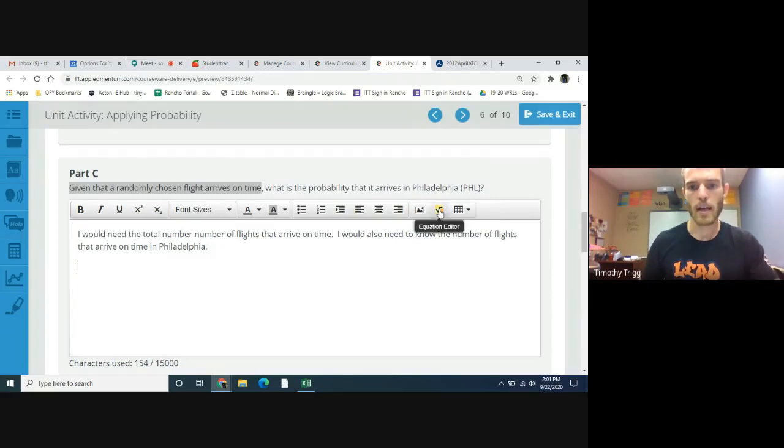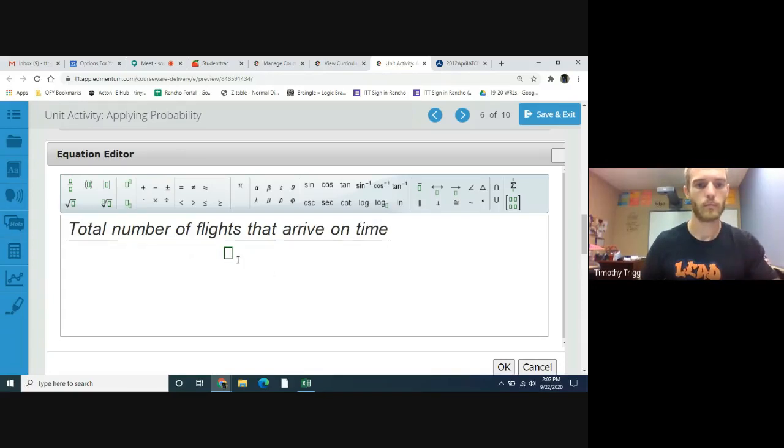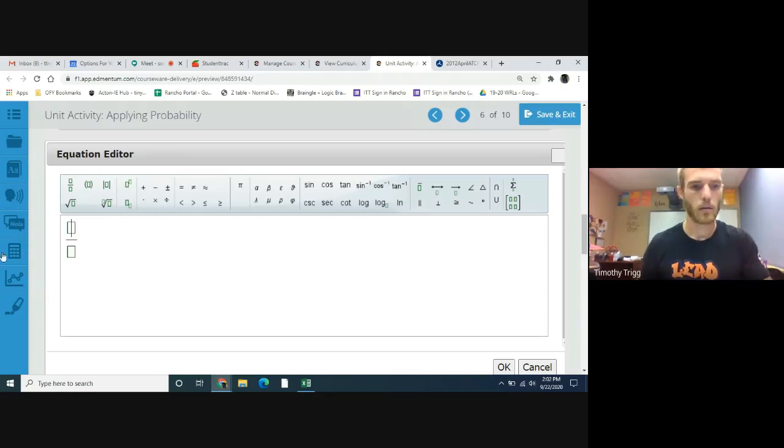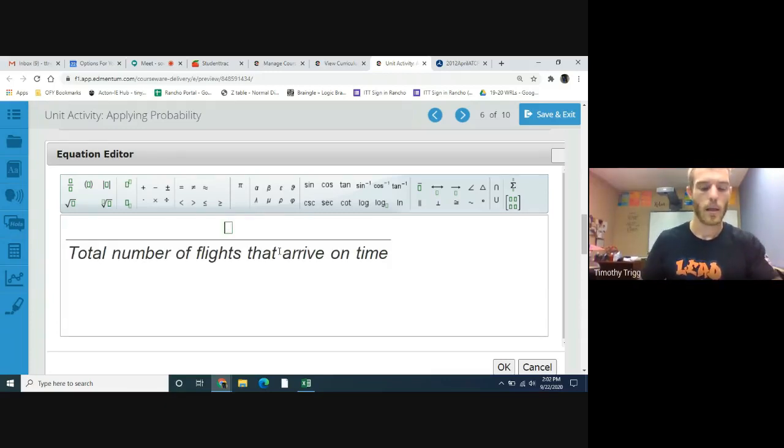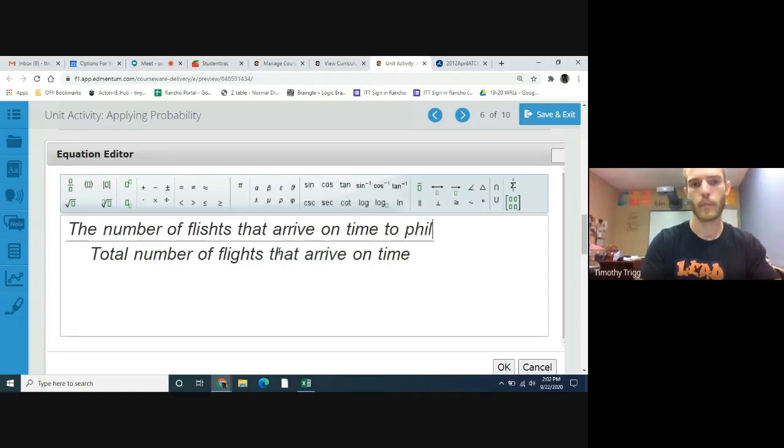So if we want to put it as a fraction, the denominator is the total number of flights that arrive on time, and in the numerator, the number of flights that arrive on time in Philadelphia.